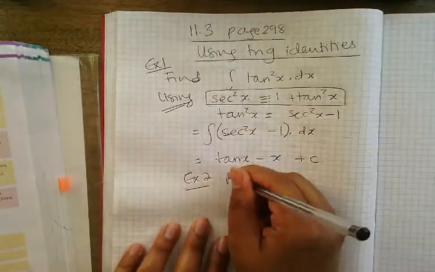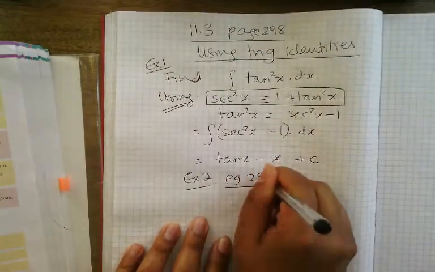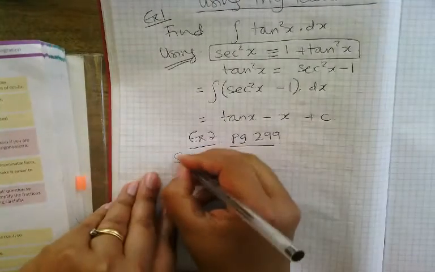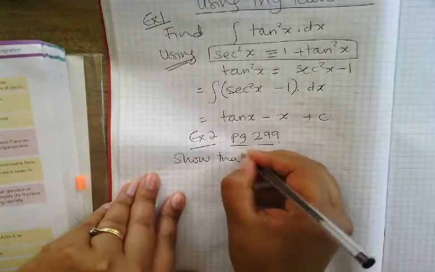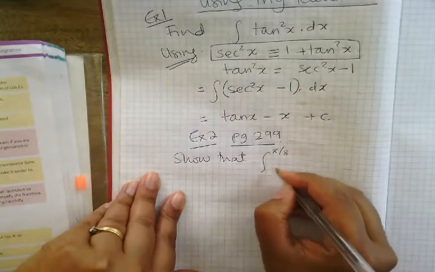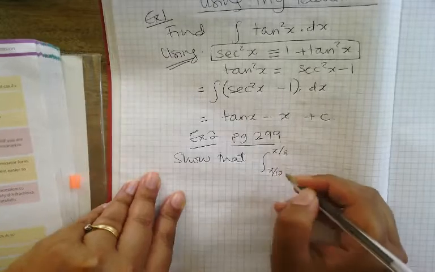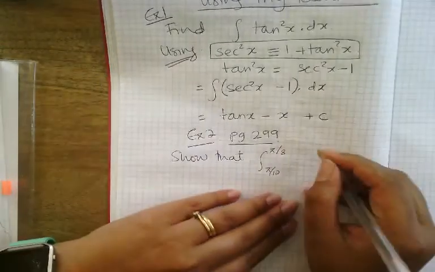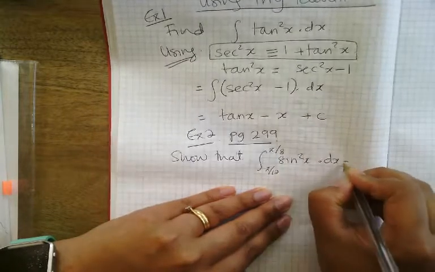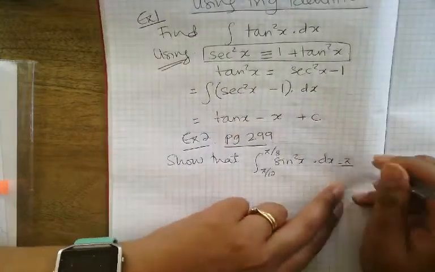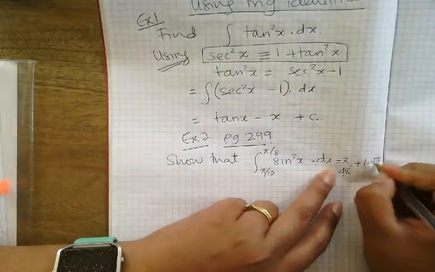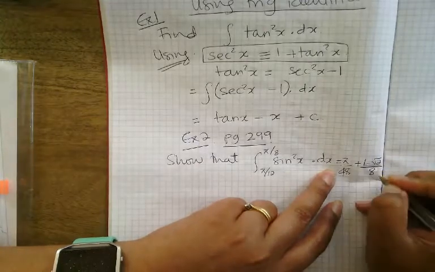Okay, it's on page 299, and the next example says show that the integral from pi over 12 to pi over 8 of sine squared x dx is equal to pi by 48 plus 1 minus root 2 over 8.